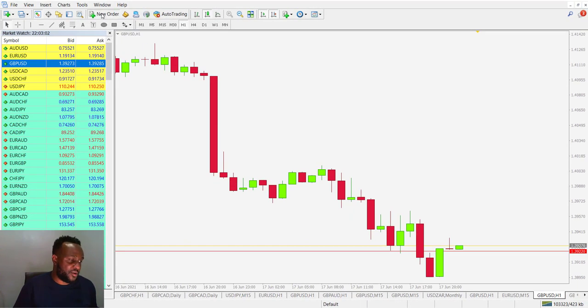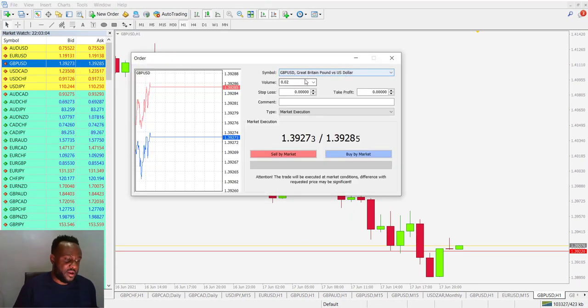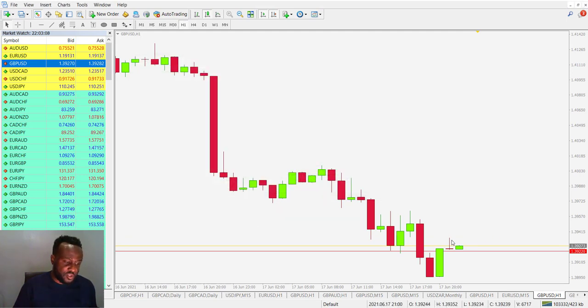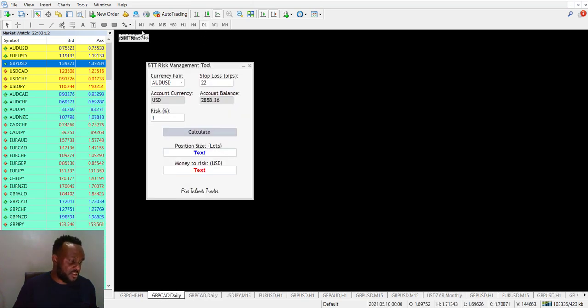You can then come on here and say, again, before you do this, you already know your stop loss is 15.2 pips. You can use the risk management tool and go 15.2, and it's GBP USD. On this particular account, I want to risk only 1% of my account.